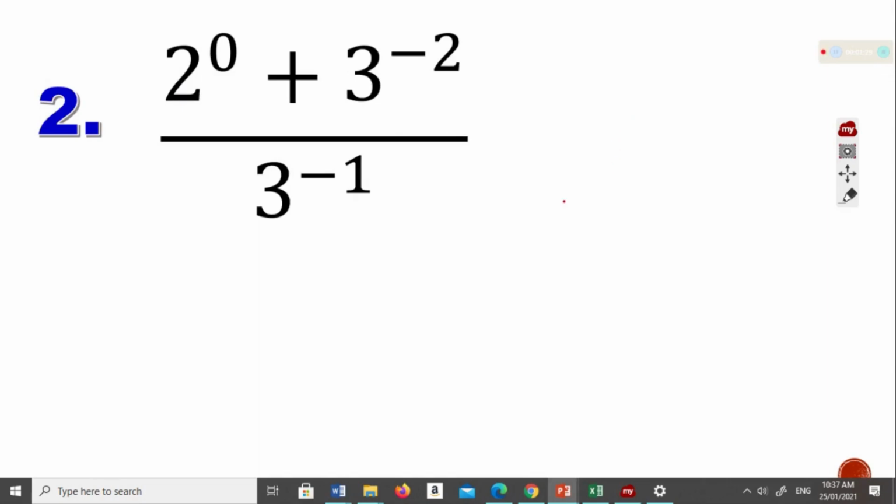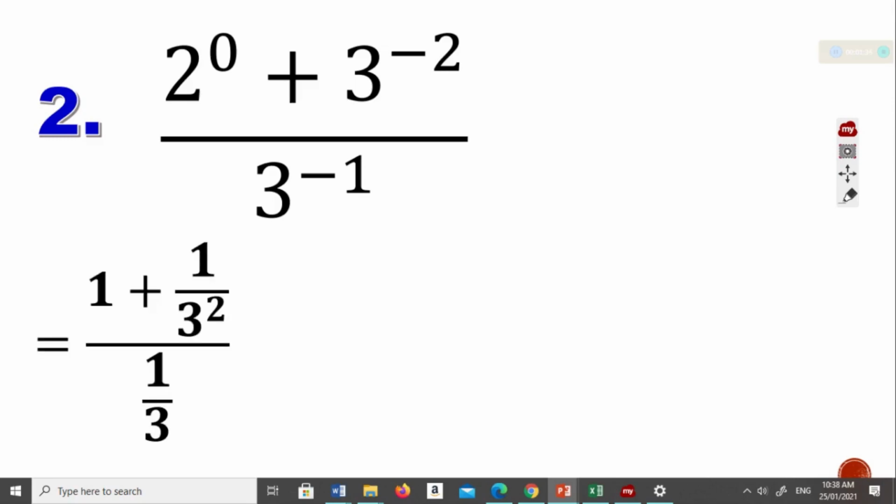Next, number 2. 2 raised to 0 plus 3 raised to negative 2 all over 3 raised to negative 1. So, yung 2 raised to 0, that is equal to 1. And then, yung 3 raised to negative 2 is 1 over 3 squared, all over yung 3 raised to negative 1 naman ay 1 over 3. Equals, yung 3 squared, ang value ay 9.